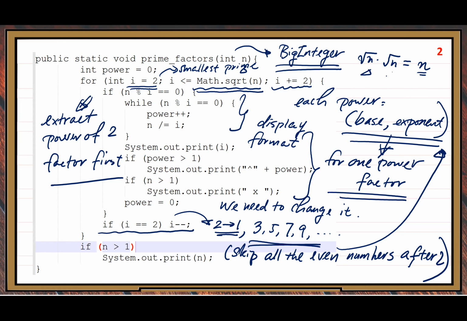Because one factor, you must have the other one, right? So after division, one must be smaller than the square root. That's the reason if we just do division on all possible odd numbers less than or equal to the square root, we won't miss any factor. Think about that. We won't miss any factor.